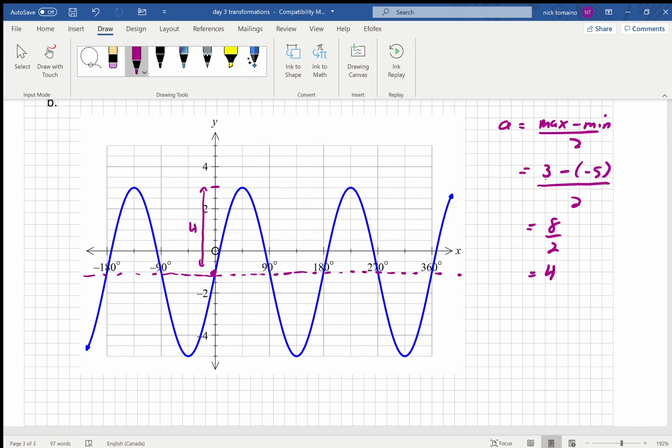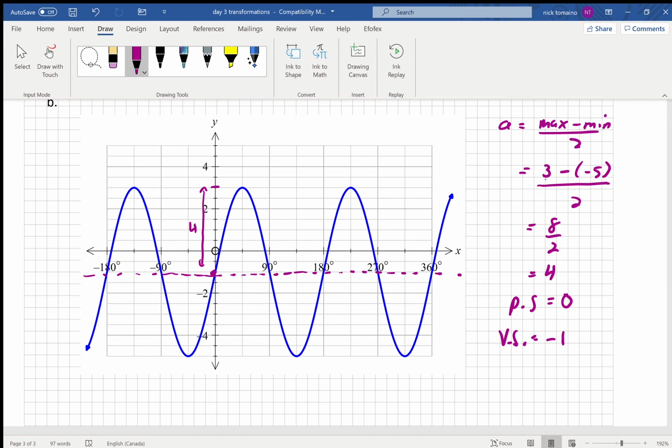So the phase shift for a sine curve is none. The vertical shift is equal to -1. Again, you can use the formula max plus min divided by 2. So you have 3 plus -5 over 2, which would be -1.